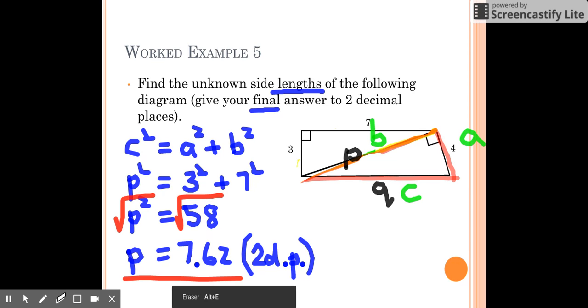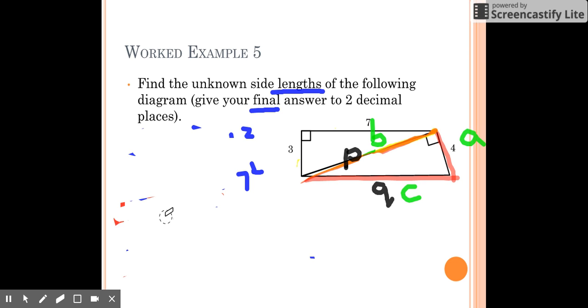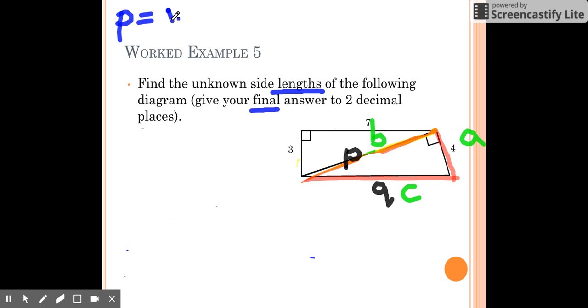Now, to give myself a little bit of space, I'm going to rub out this. And just for the sake of things, I'll write my P up the top here. P equaled the square root of 58, which when I calculated it to 2 decimal places was 7.62 to 2 decimal places.